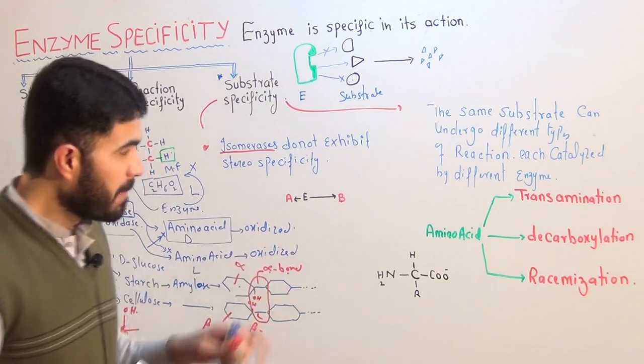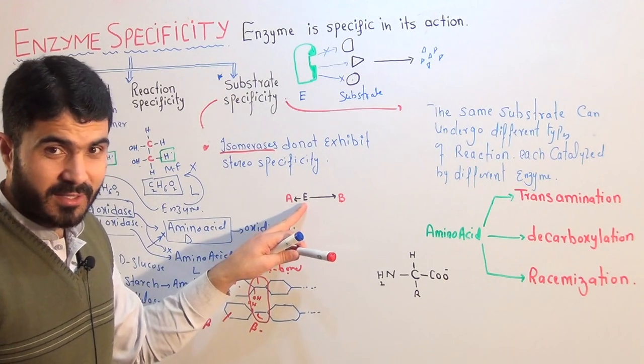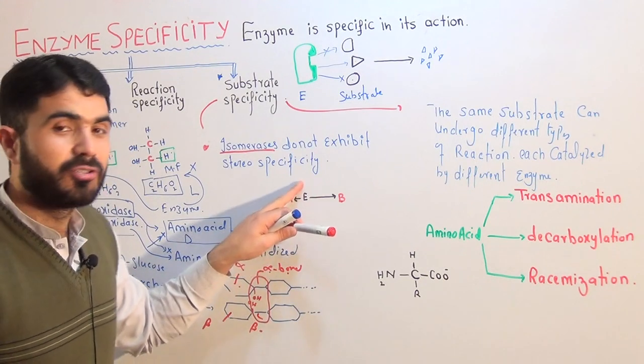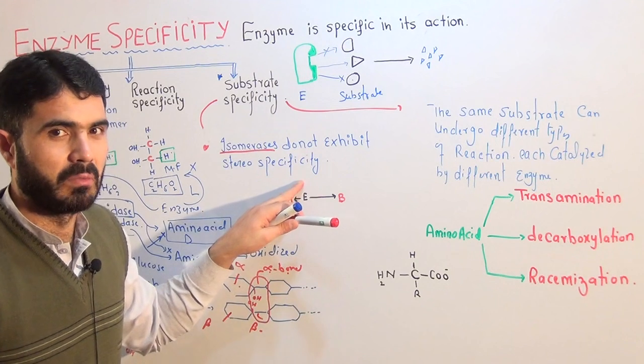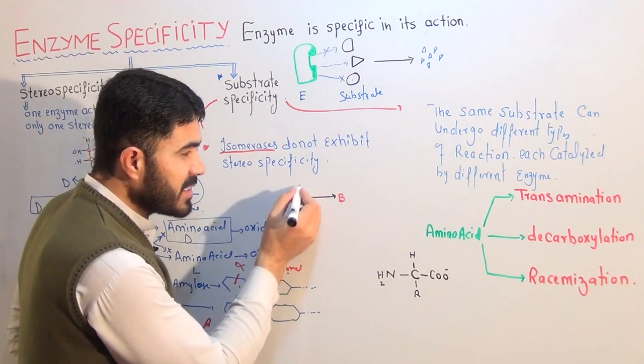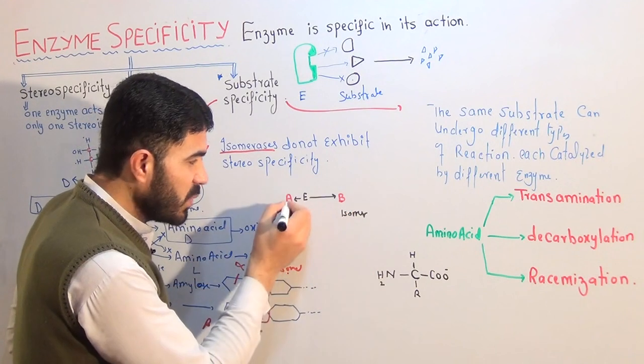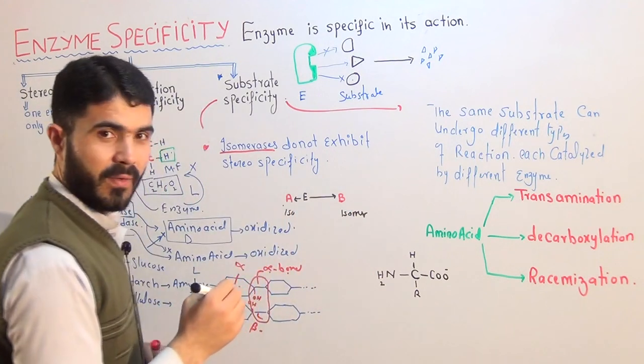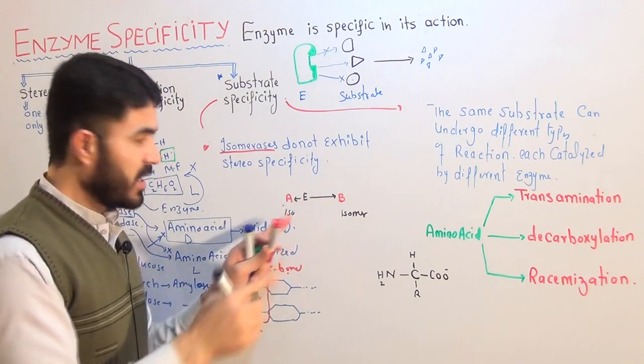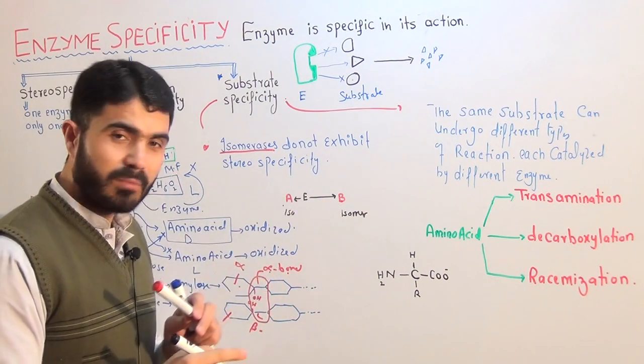In this case, E is not showing specificity. Why? Because this enzyme is acting on both isomers.